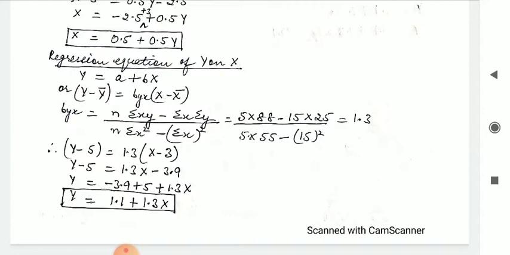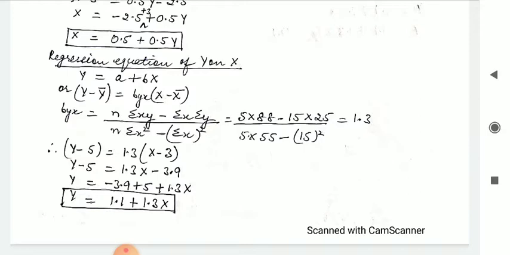Solving it, we put y on the left hand side and take all other things on the right hand side. So finally we get y is equal to minus 3.9 plus 5 plus 1.3x, or y is equal to 1.1 plus 1.3x.